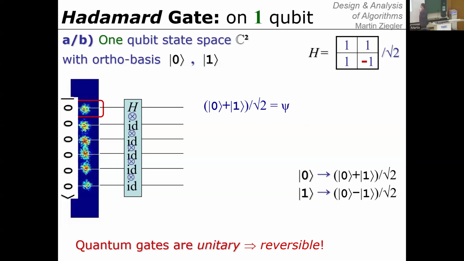It's the identity after all. But the first qubit will be given by this column, a linear combination of 0 and 1. And the others are still 0.